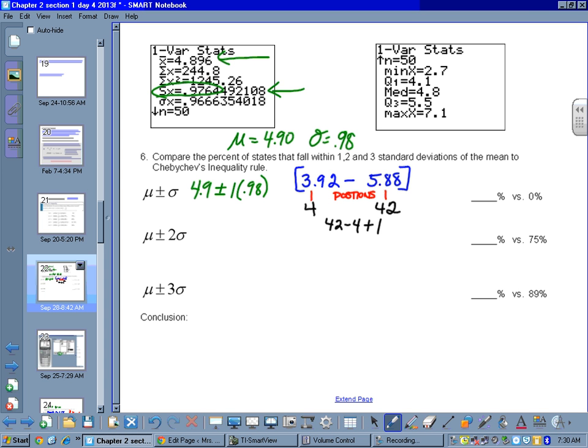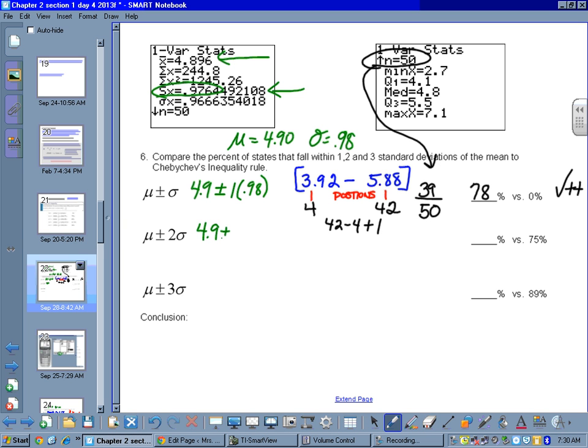So 42 minus 4 plus 1 is 39 out of 50 data spots. And I know there's 50 pieces of data because that's what my n is equal to. If we turn that into a decimal, we get 78% of my data is within 1 standard deviation, and that super exceeds Chebychev's inequality rule. So we're way better off at the start.